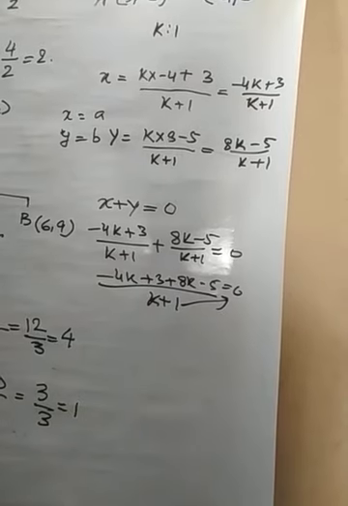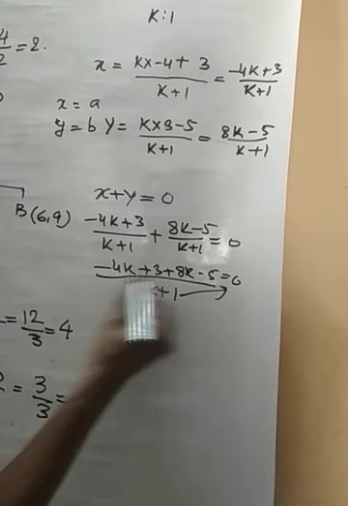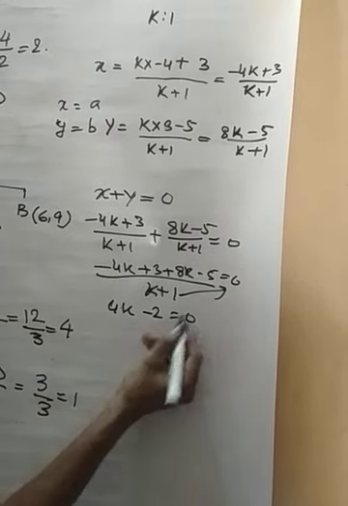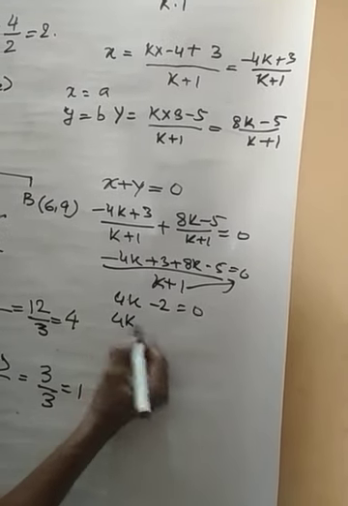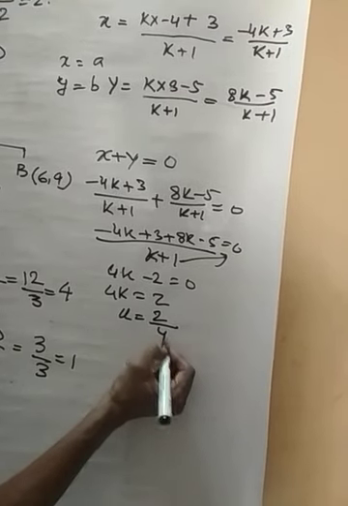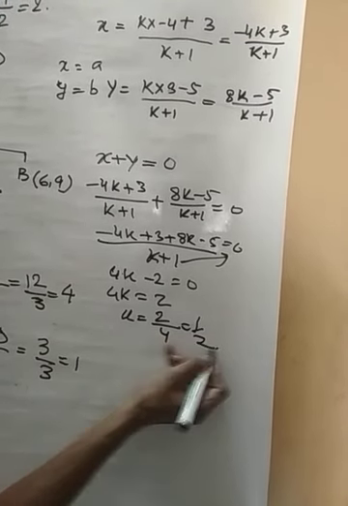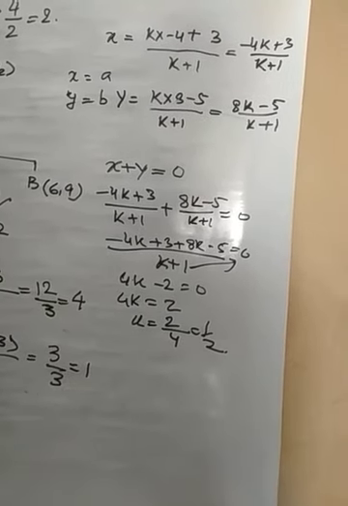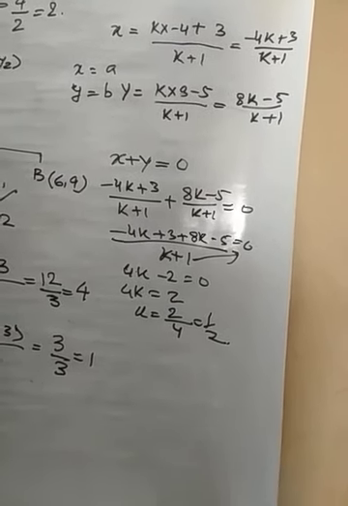This will go to 0 and it will be cancelled out. Here you will get 4k minus 2 is equal to 0. So 4k is equal to 2. So k is equal to 2 upon 4, that is equal to 1 by 2. So this is the value of k. The ratio is k is to 1, and there you have to find the value of k.